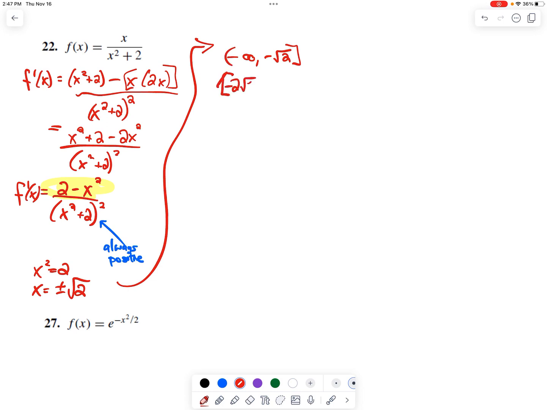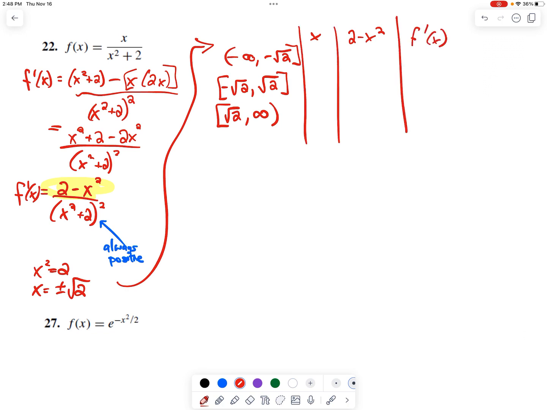From negative radical 2 to radical 2 is the middle interval, and then from radical 2 on is the third one. And I'm going to look at my x and then my 2 minus x squared, and then find out what f prime of x is doing. So that's my table.